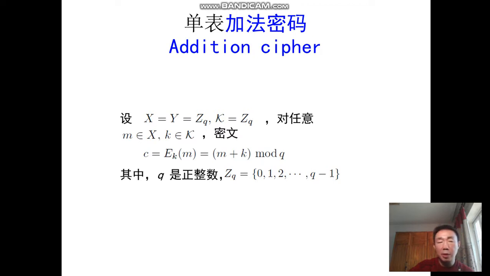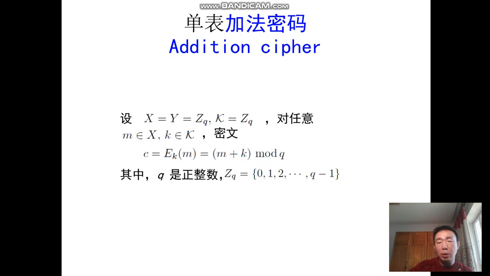Yes. Somebody answered that the result is 27, because when we add 2 and 25 together, we get 27. But there is a problem. The set is a finite set. There are just 26 elements, 0 to 25, but the result 27 is not in the set. So we must have a method to limit the addition result in this set again.